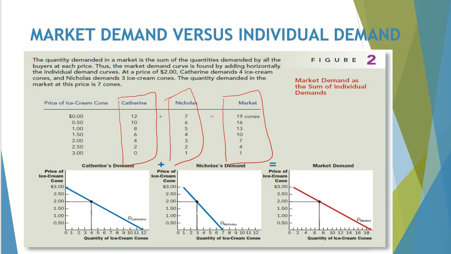So, individual demand is the demand of an individual consumer for a specific good, at a specific price, at a specific time. Specific good, lepas tu specific price pada masa yang tertentu. Okay. While market demand is the quantity of good demanded by all individuals, demanded by these two people.